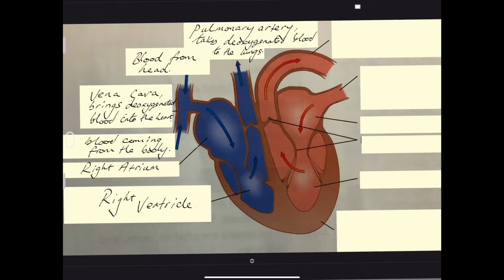Alright, now moving on. Now we're going to move to the left hand side of the heart. Here you've got the aorta, and this carries oxygenated blood around the body.